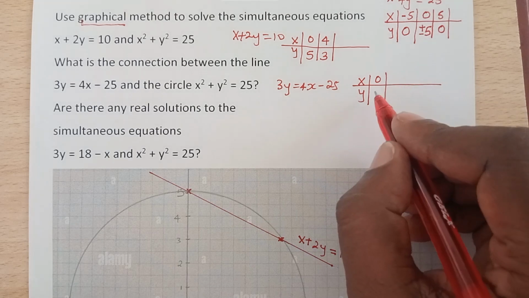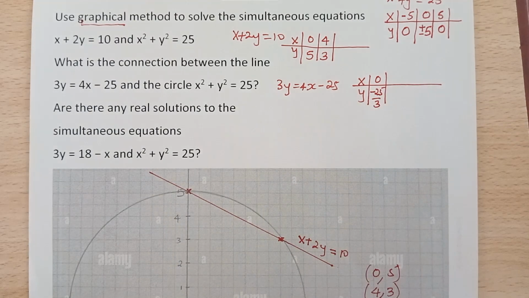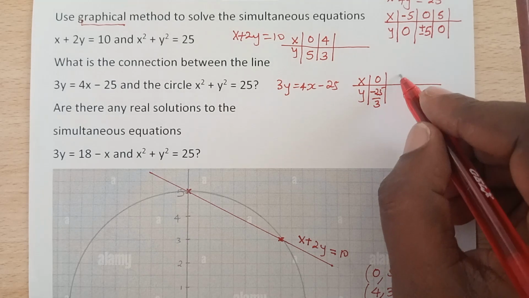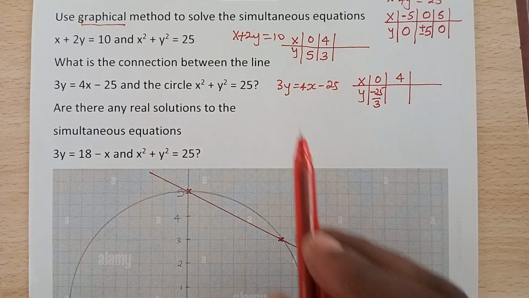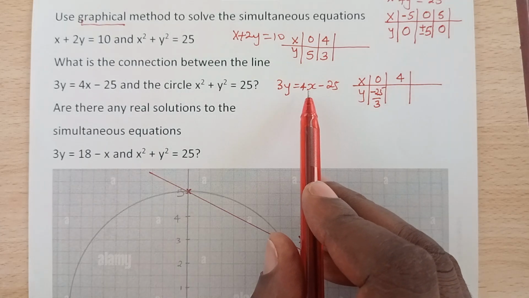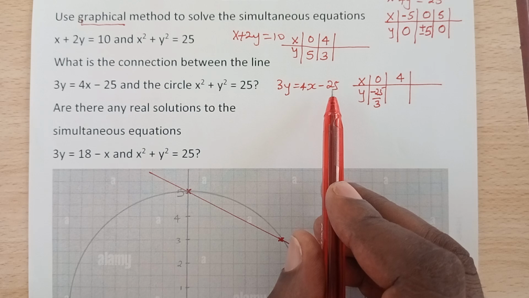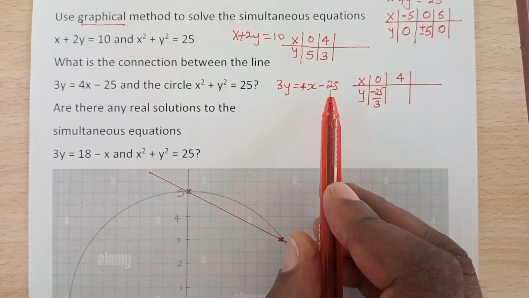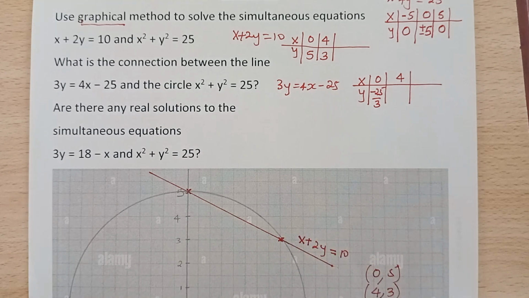So y is negative 25 divided by 3, which is around negative 8 1/3. When x is, let's say, 4, because it is also a straight line, 4 times 4 is 16, and 16 minus 25 is... What is 16 minus 25?